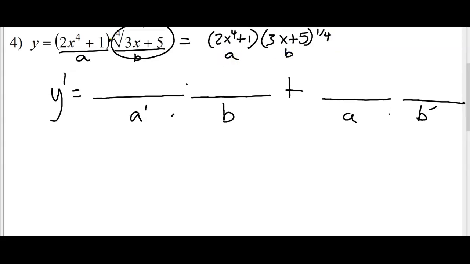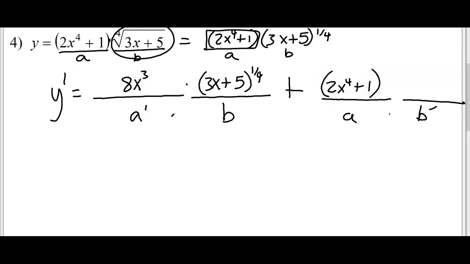So we have A prime. The derivative of this thing here would be 8x cubed. Then we have B, and so it's just going to stay exactly the same. And then we have A, which is going to stay exactly the same.